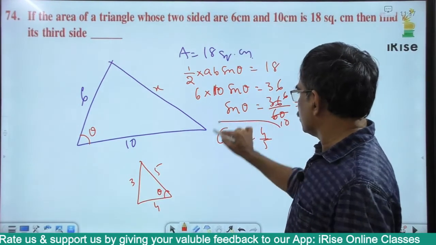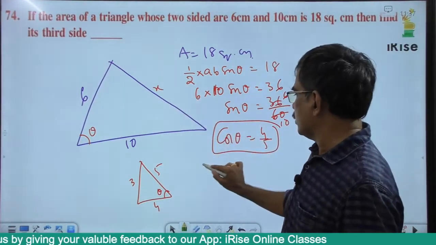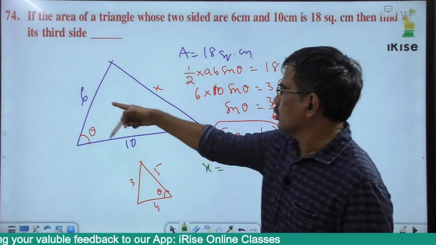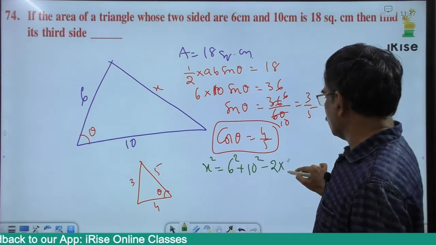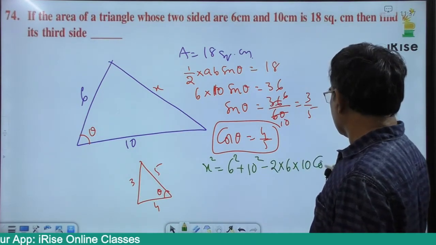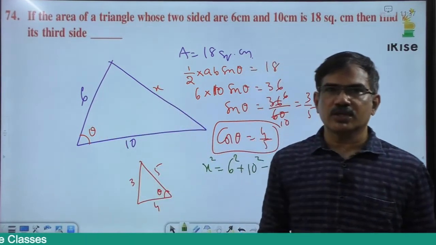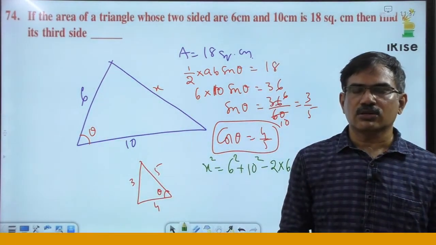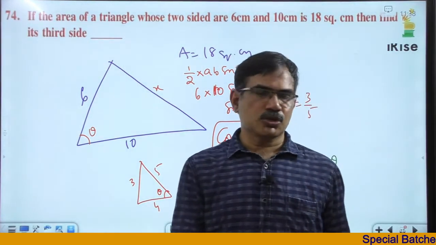If cos theta is known, we can find the x value easily. X square is equal to 6 square plus 10 square minus 2 into 6 into 10 cos theta. C square is equal to a square plus b square minus 2ab cos theta, the cosine rule, to find the third side of a triangle.